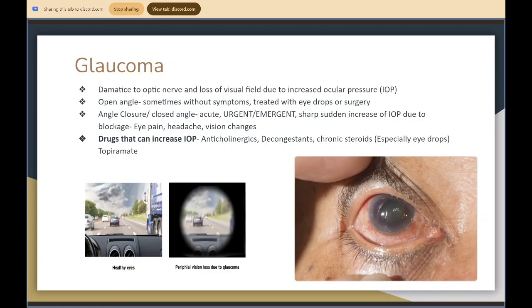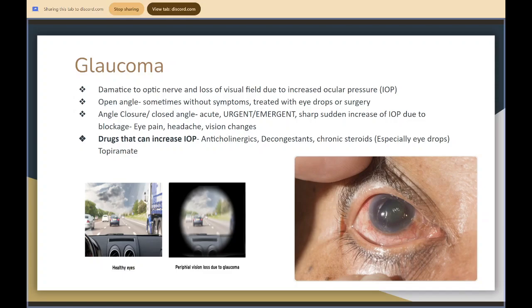The picture is an example of angle closure or closed angle glaucoma. You will see redness, there will be eye pain, headache, and vision changes, and this is due to a sharp, sudden increase of IOP due to blockage. Now, what do I mean by blockage?